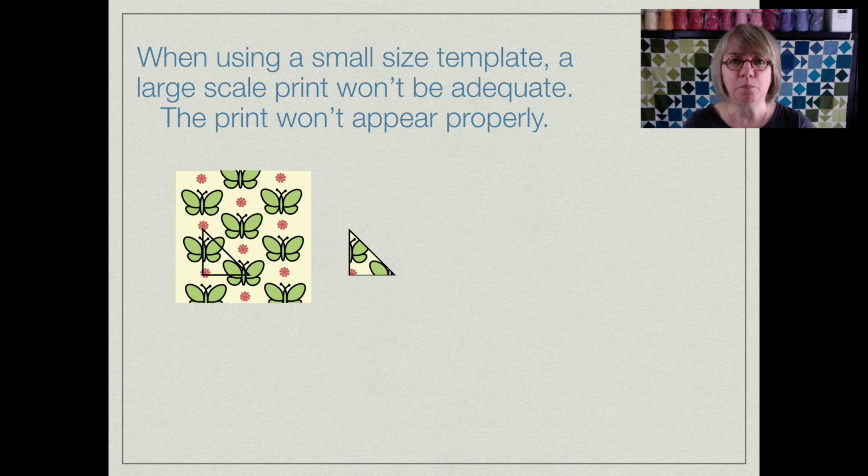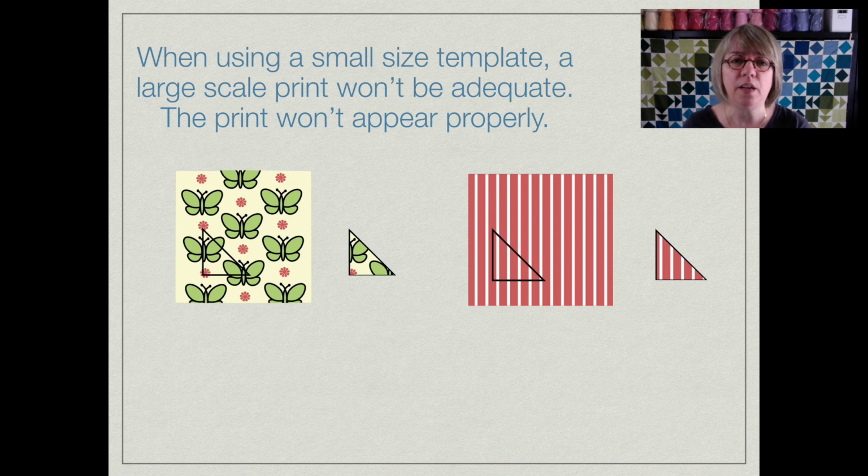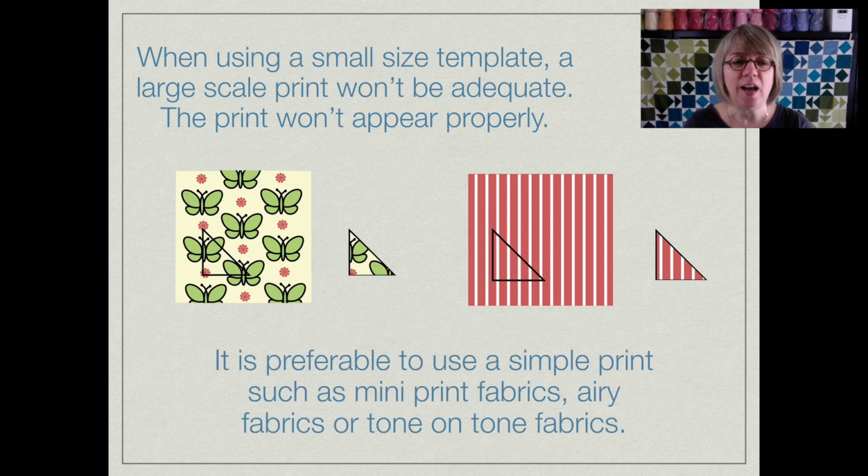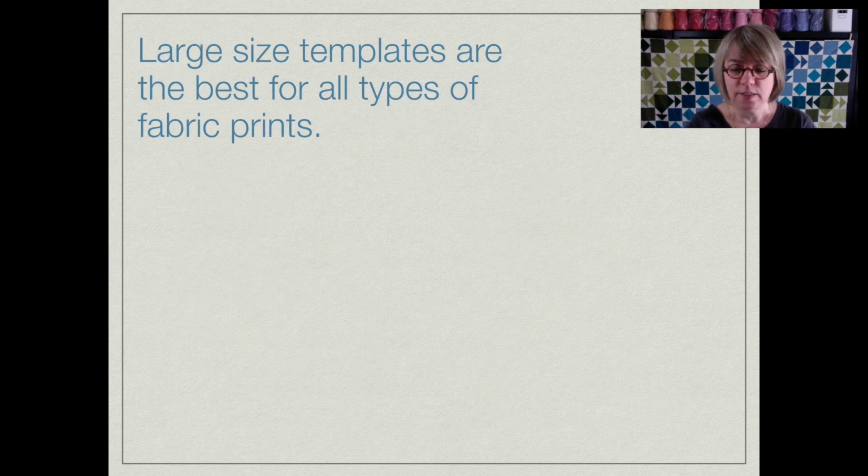When you're using small templates, I would recommend really specific prints, such as simple prints, mini prints, airy fabrics, or tone-on-tone fabrics. So, large size templates are the best for all types of fabrics.